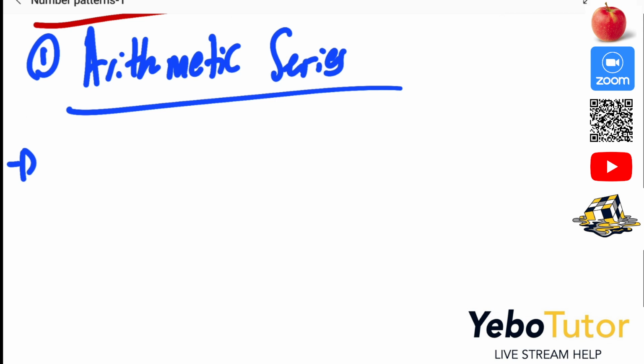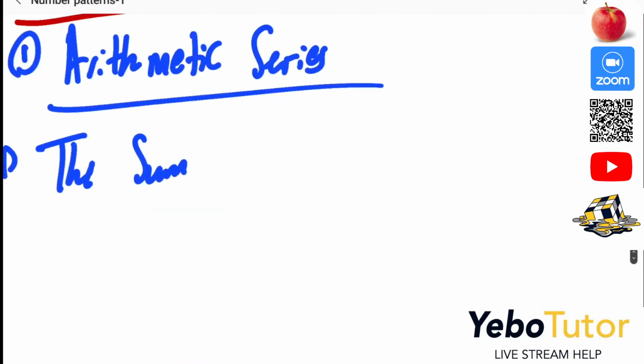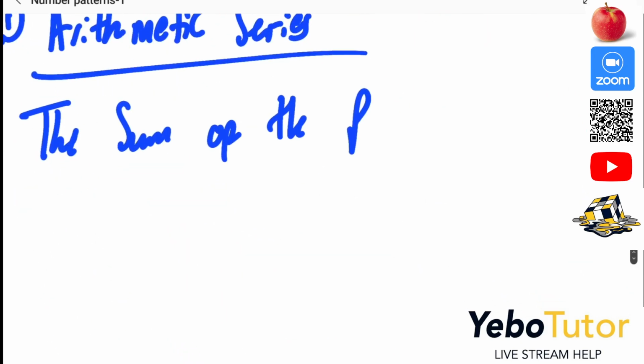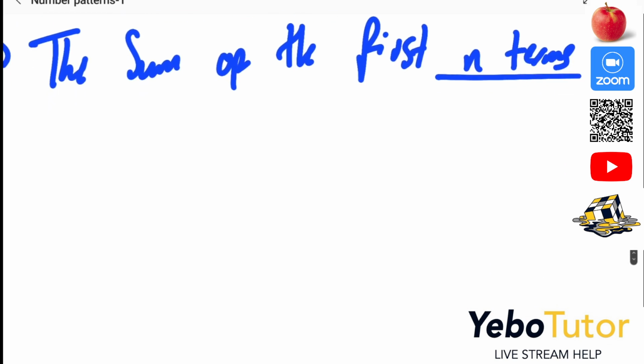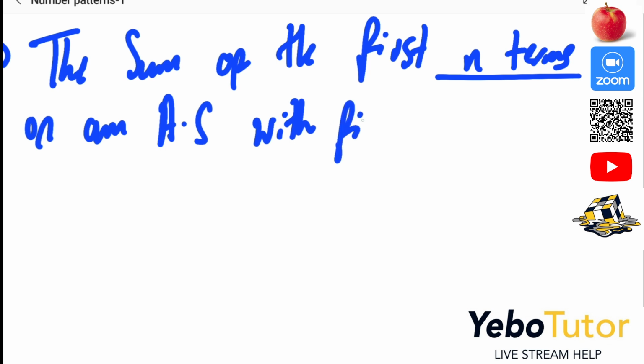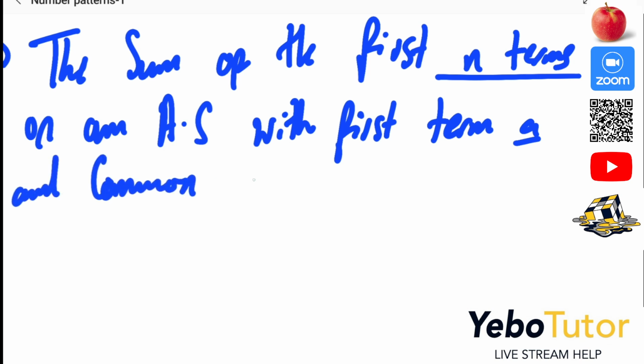So the sum of the first n terms of an arithmetic series with first term a, which means a is our first term, and common difference d, is very important to analyze.